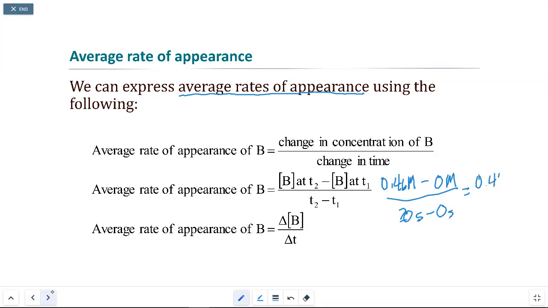That'd be 0.46 molar over 20 seconds. Put it in the calculator real quick. We would get that this average rate for this time scale is 0.023 molar per second. So in that 20-second window, roughly 0.023 moles were generated every second.